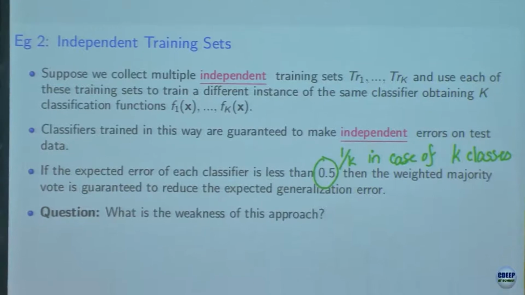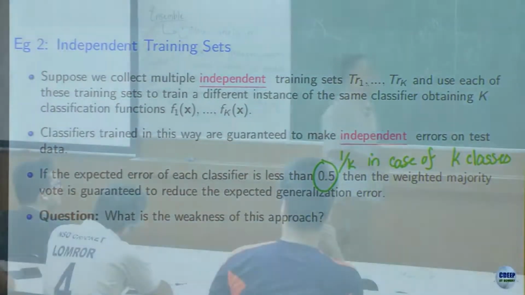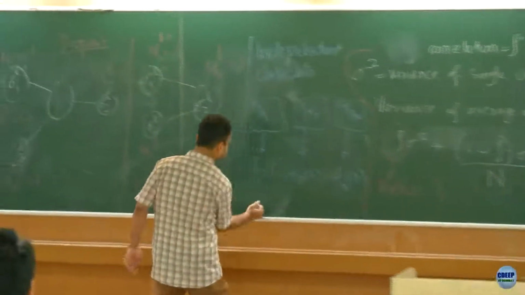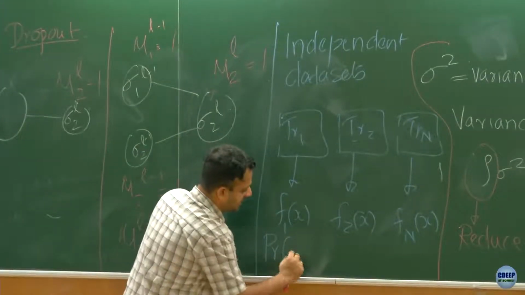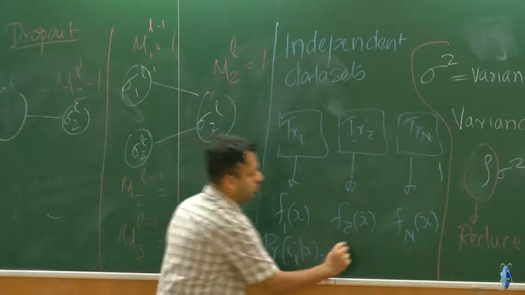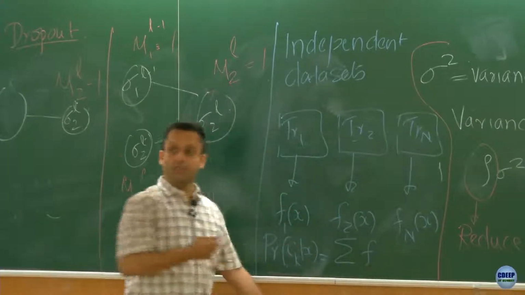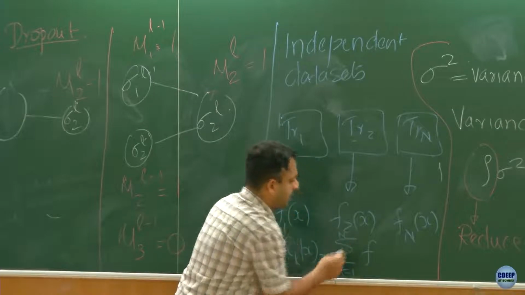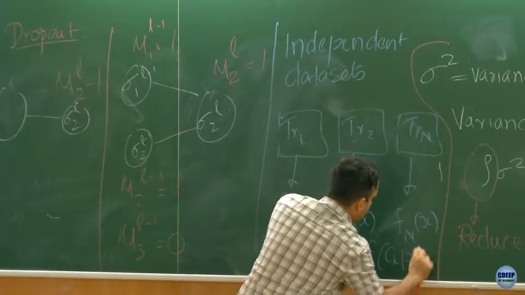Look at majority. You could also look at weighted majority if you had probabilistic estimates. So if you had probabilistic estimates, you would say the probability of a class Ck given x would be an average over the probabilistic estimates from these classifiers, i equals 1 to n, of fi(Ck given x).